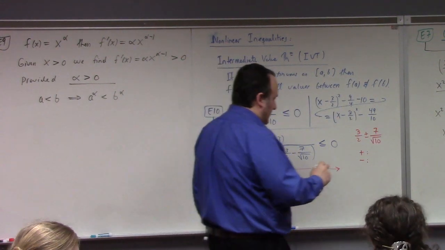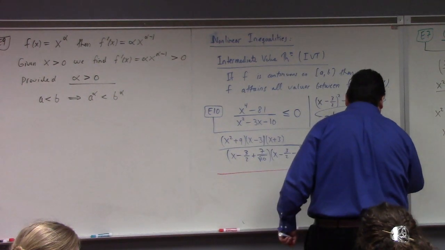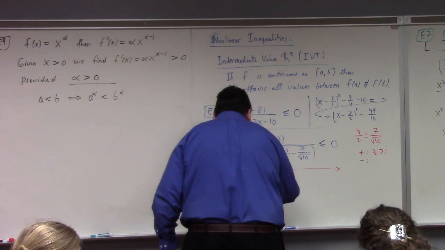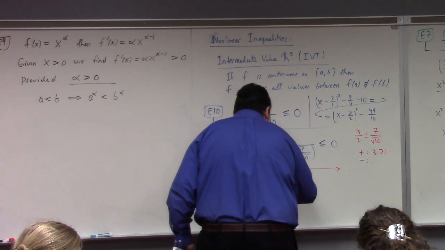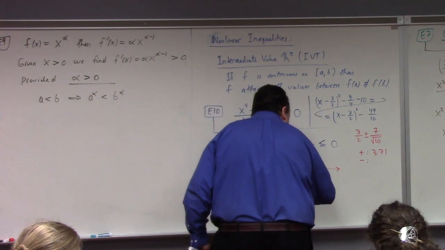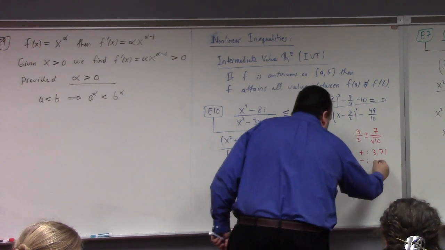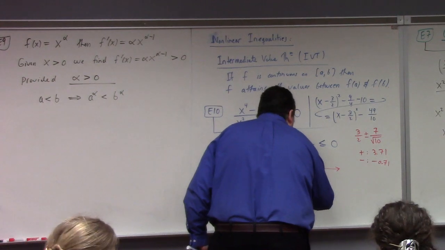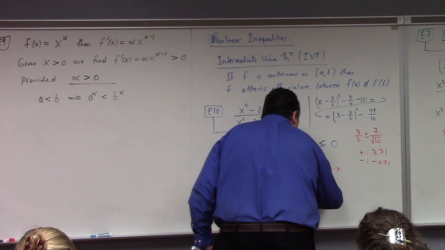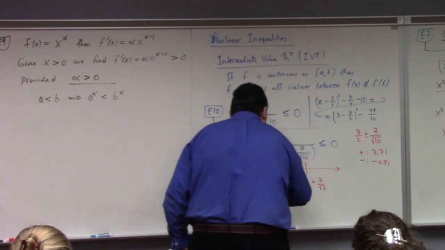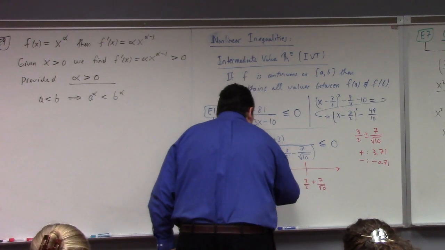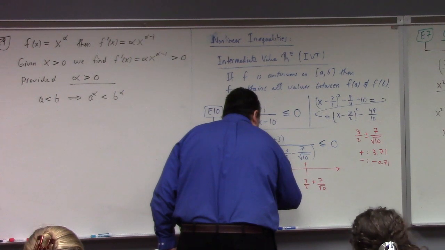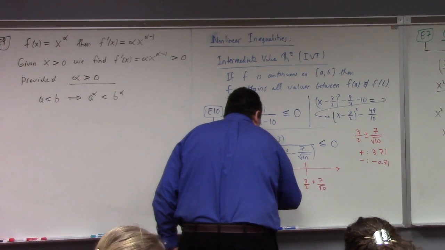Sorry, it's 3.71. For the plus? Yeah. And the minus? All right, so it looks like we've got 3/2 plus 7 over root 10 for there. And the minus, so this one's here. So those are my 4 critical numbers.